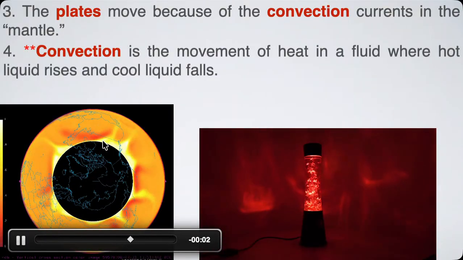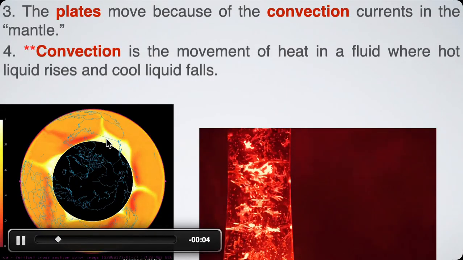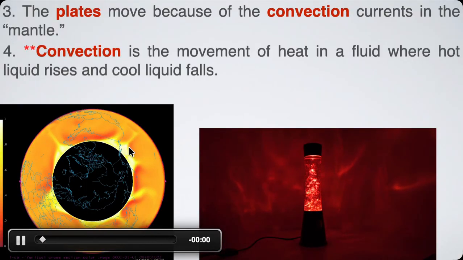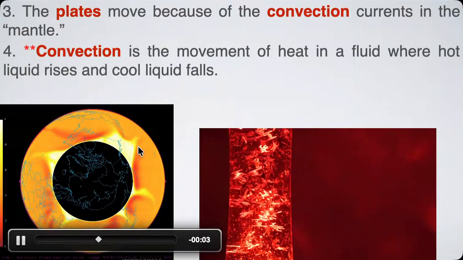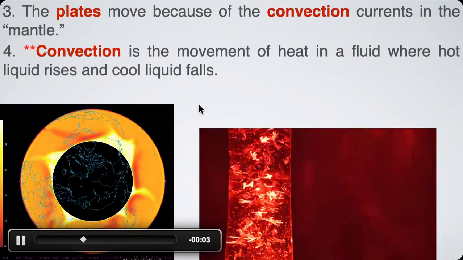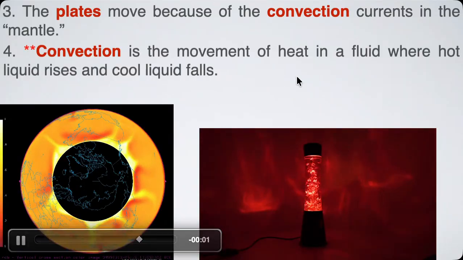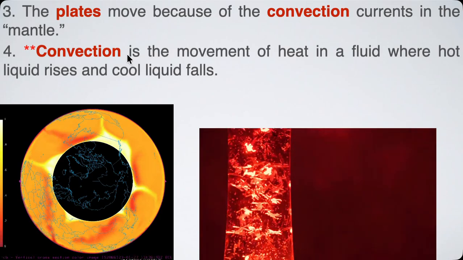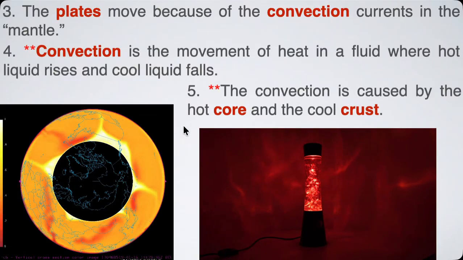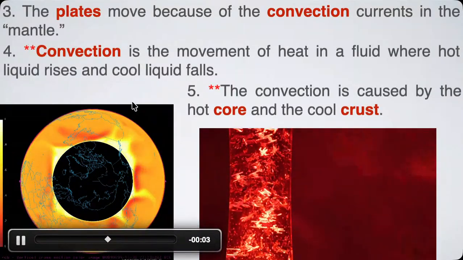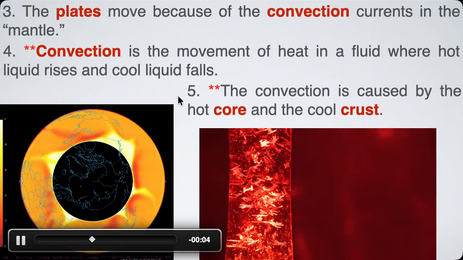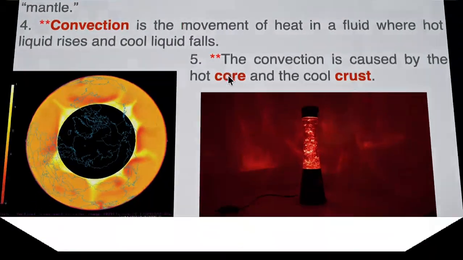And so you can see that we have this very hot fluid moving almost like wisps of smoke. And as it hits the top of the crust, it cools off and falls back down. And you get this circular pattern, and that's really what convection is all about. Now, what is causing the convection is that the core is really hot and the crust is really cool by comparison. So without this temperature difference, we wouldn't get any movement like this.